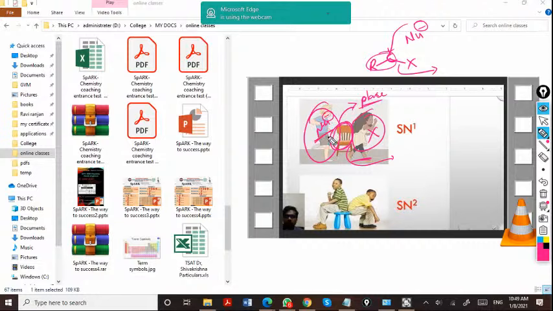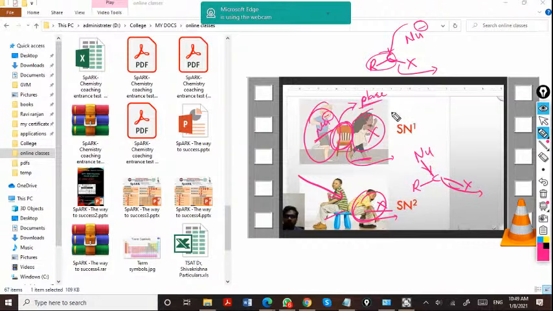In SN2, before the leaving of the halogen, the incoming group will push it so that it needs to leave. That is the main difference.